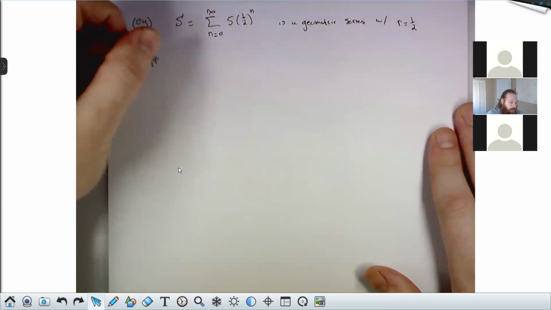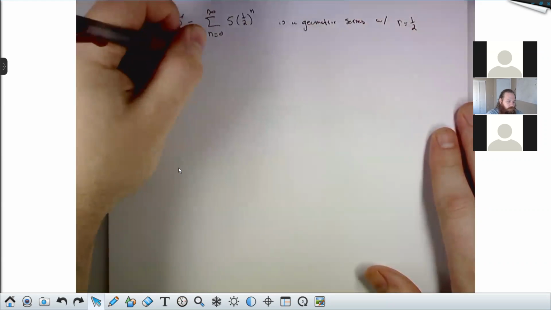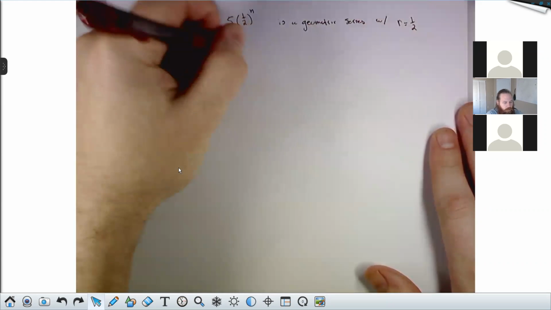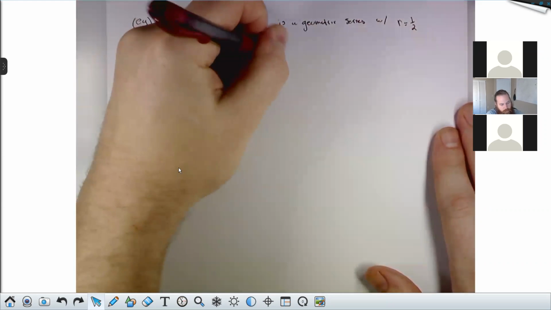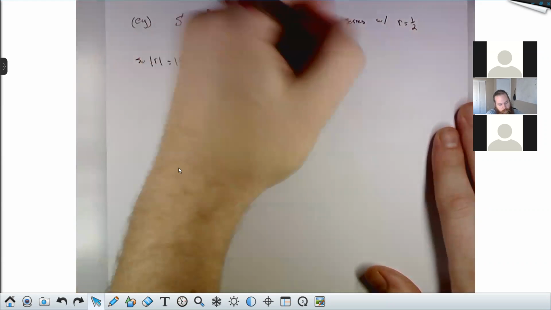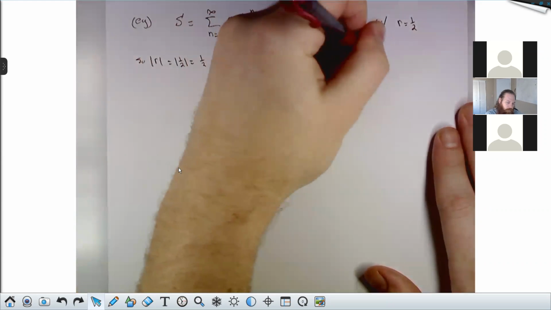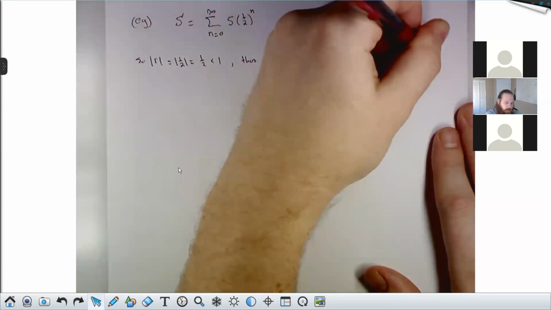So the absolute value of r is the absolute value of 1/2, which is 1/2, which is less than 1, so the series S converges by our theorem on geometric series.